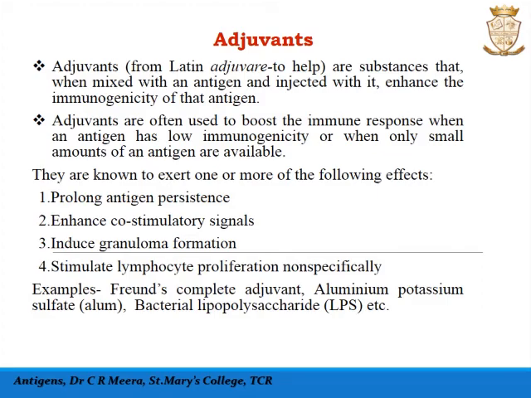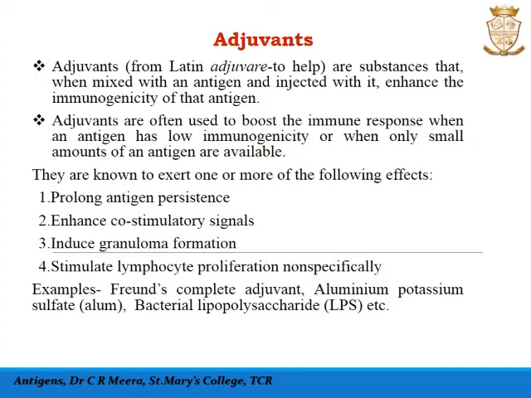Adjuvants are used to enhance antigens with poor immunogenicity or when the antigens are available in small amounts. Adjuvants are widely used in antibody production, for immunization, and also for research purposes.